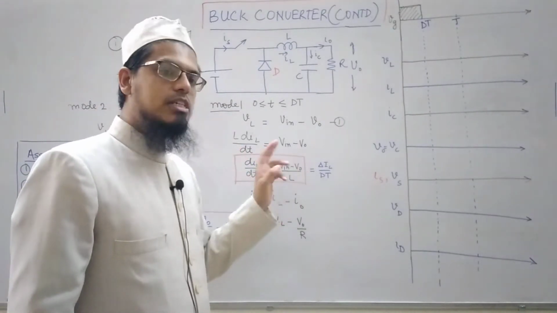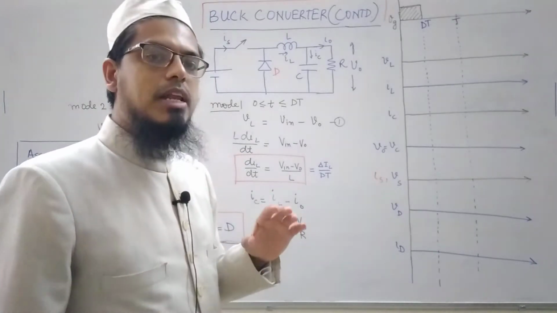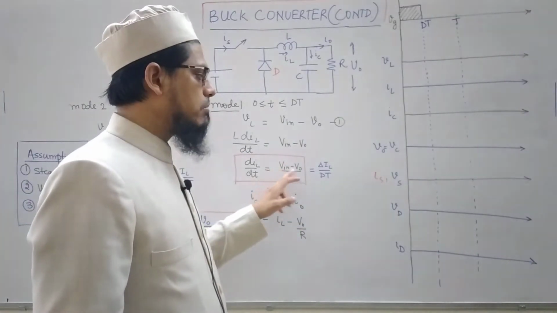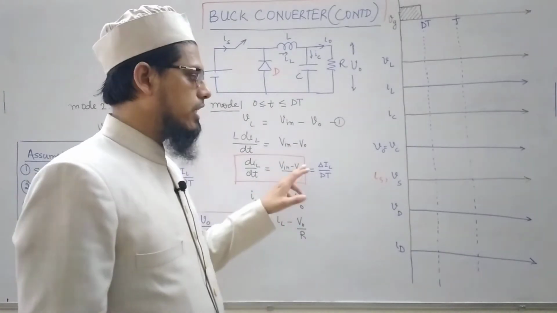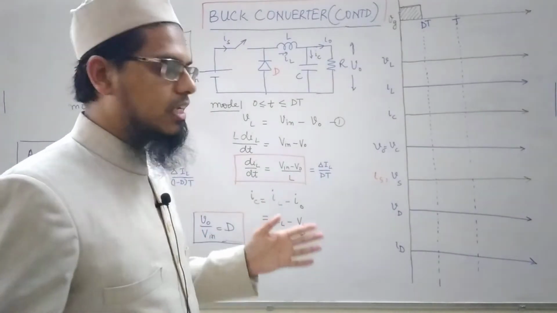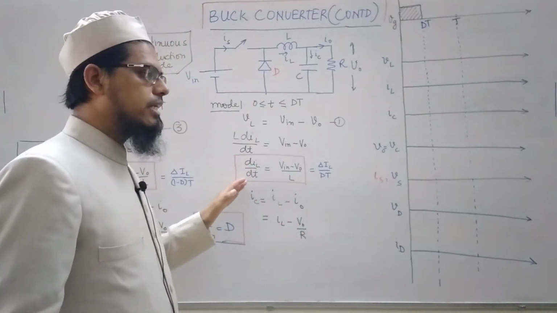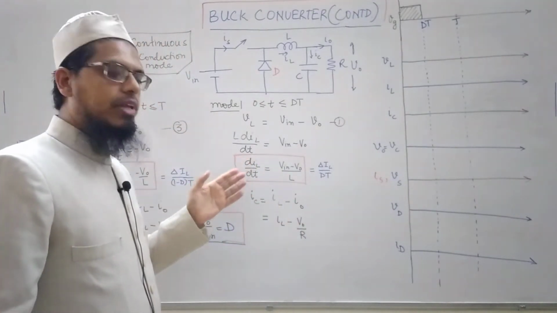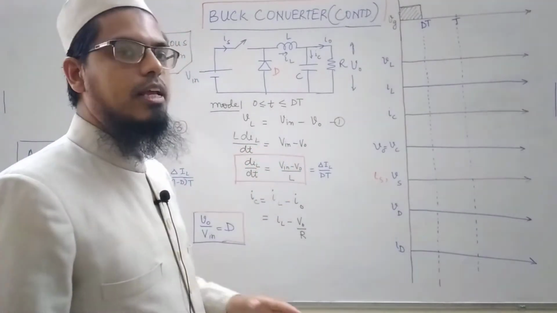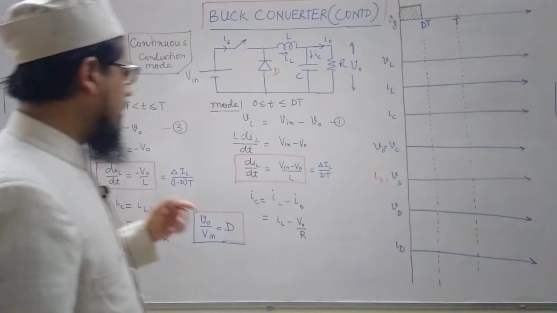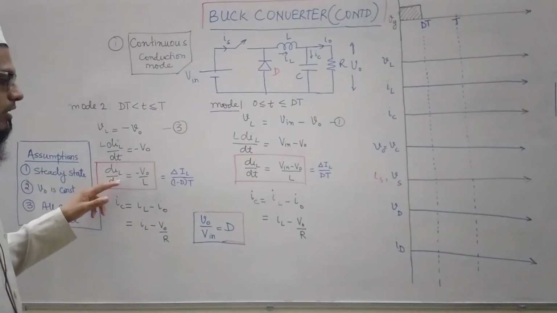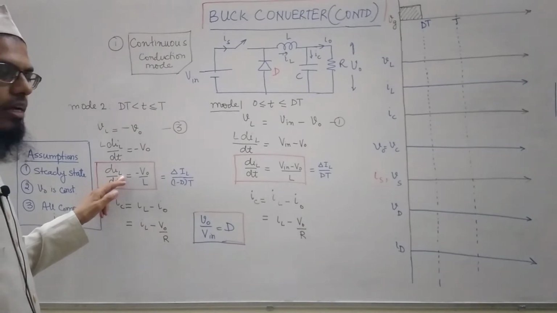Because V naught, the output voltage, will always be less than the input voltage V in. So V in minus V naught will be positive, and divided by L will give you a positive constant quantity. That means dIL by dt is a constant value indicating IL is linearly increasing, while in the second case when the switch is off, IL is linearly decreasing.